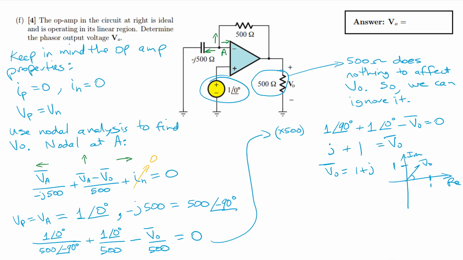This is a very simple expression, so that is going to be 45 degrees with a magnitude of √2. So it's going to be √2 phase angle 45 degrees, and that's what our answer is, √2 phase angle 45 degrees.